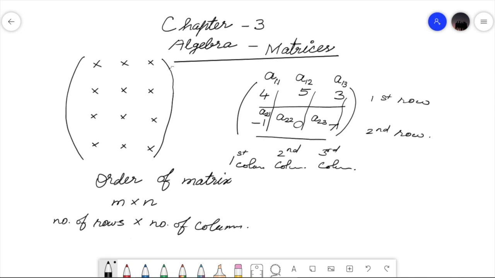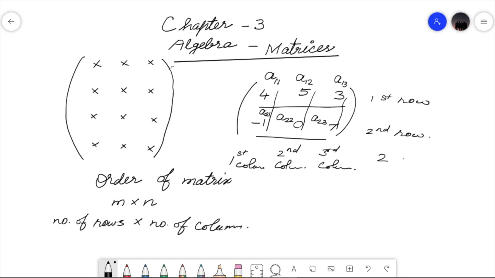You will get the number of elements in the matrix. See here, in our example, this matrix 4, 5, 3, minus 1, 0, 7: how many rows are there? 2 rows, isn't it?